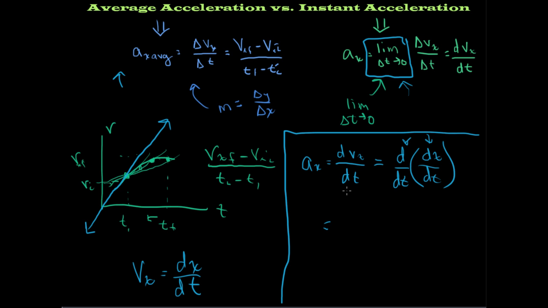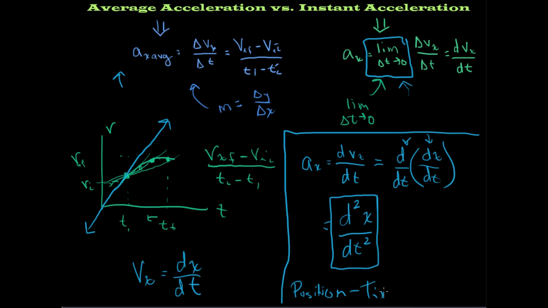Well, if you take a second derivative, you get the instantaneous acceleration. How we write that in notation is, you could put a d squared x over dt squared.